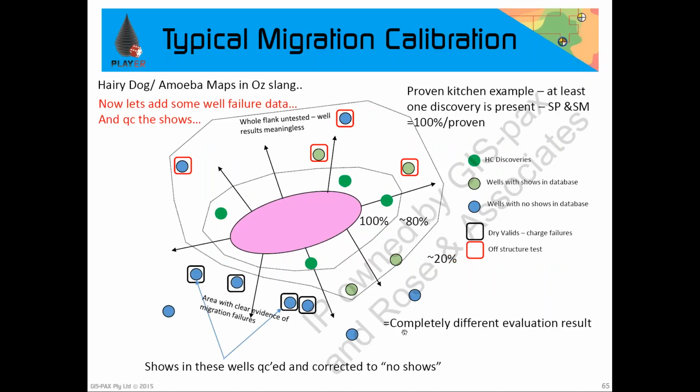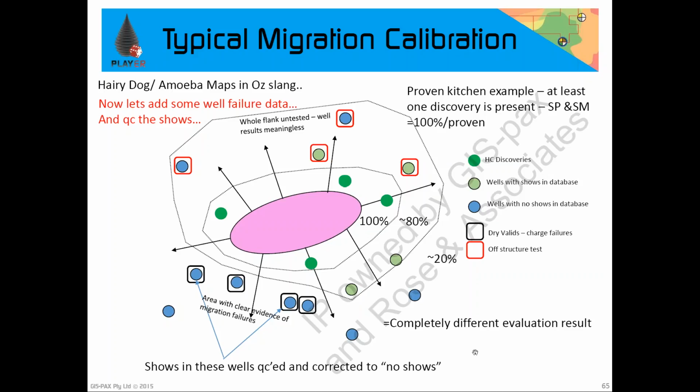So if we go back to that dummy example, I've got my source kitchen. If these wells on the northern flank here were all off structure, they're telling me nothing. I could have maybe migrated hydrocarbons miles away up here. My previous interpretation was totally wrong. And if these wells to the south down here were all dry valids, in other words charge failures, then clearly I have some kind of migration shadow or something happening on this side, and I have to honor that with my risking.